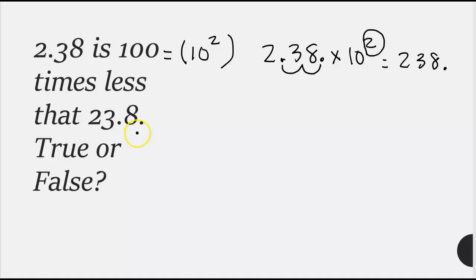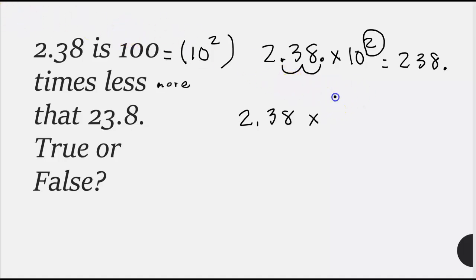So is 2 3/800 100 times less than that of 23.8? Well, if I multiply, it's not, because this would be 100 times more, right? So if I'm doing less, then I know it's going to be 2.38 or 2 3/800 times, excuse me, not times.